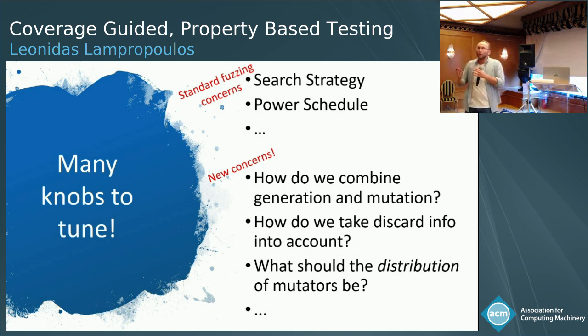What should the distribution of the mutators be? Because I showed you what the mutators are, but how do you combine them? How do you pick which one to apply? All of these are very interesting questions, and we just made an educated choice for each one that we thought was valid, but we don't really know yet how each one of these affects the overall performance. We haven't compared these carefully.